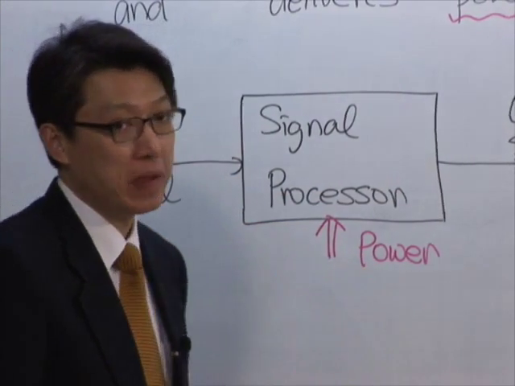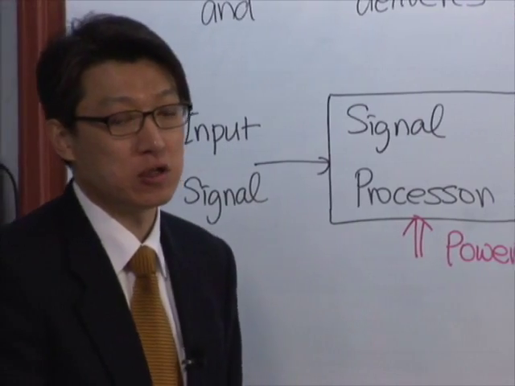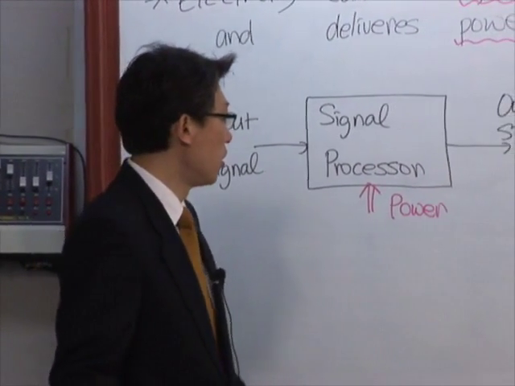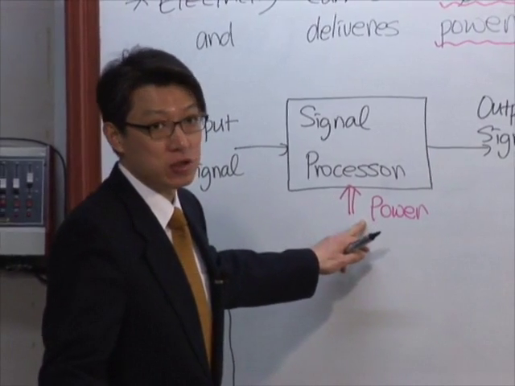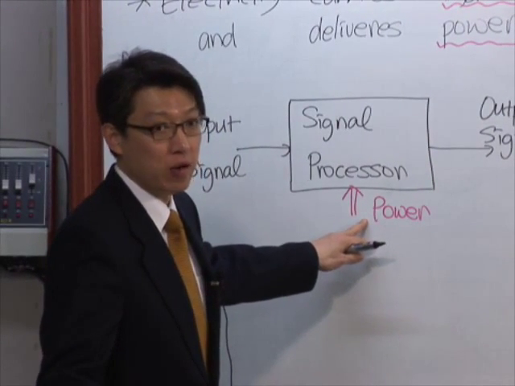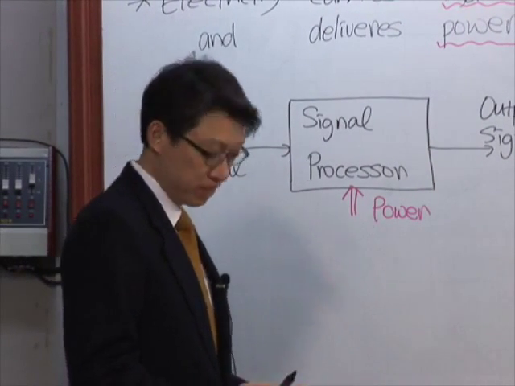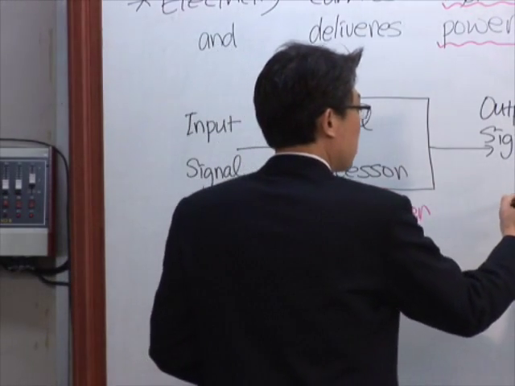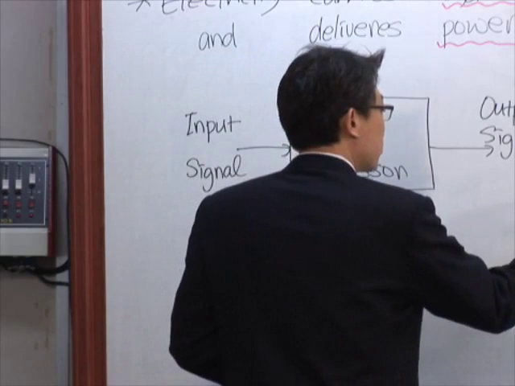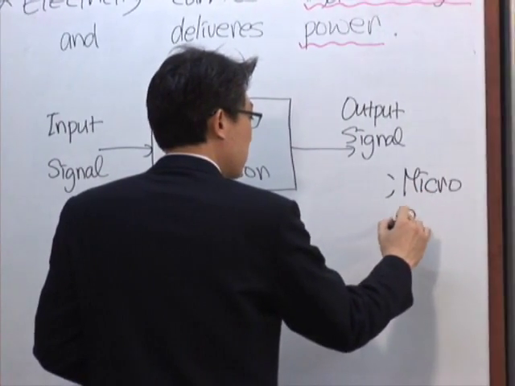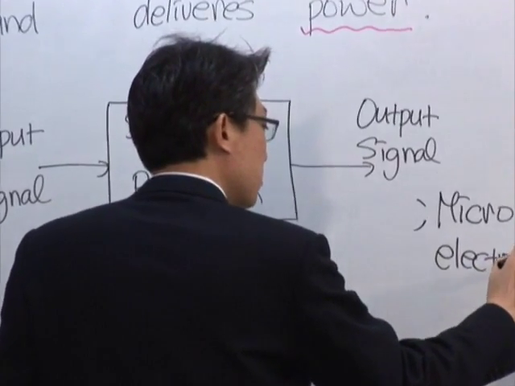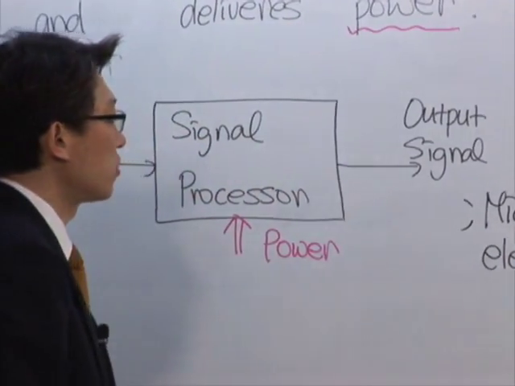You can picture this as a bias circuit in electronic amplifier. You know, in BJT amplifier, you are using DC bias circuit, and this is kind of powering the circuit. Okay, and this area is called microelectronics.